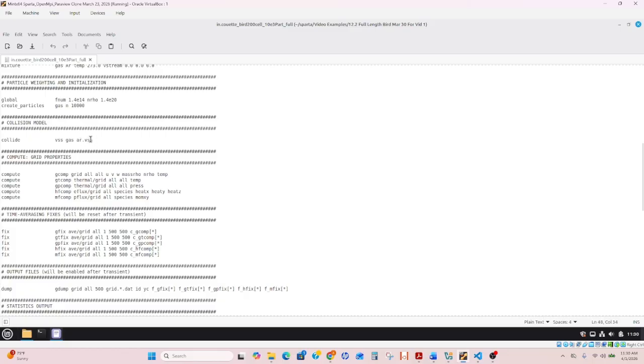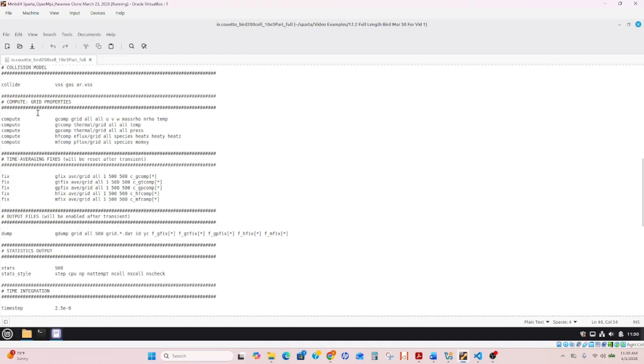I know that's a little confusing, but just look into that in Sparta if it's confusing to you. But this ar.vss, as we discussed earlier, is where you define what model you're in. So I'm telling it to use the gas, and then it's pulling in that file that we created earlier for the collisions. All right. So now we get into computing properties during the simulation and after the simulation.